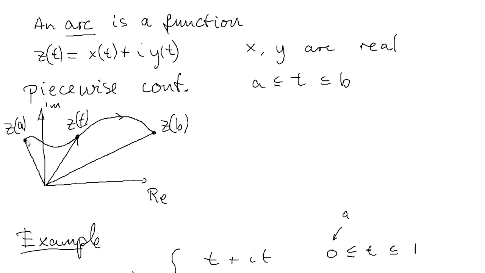And when t is increasing, we will move along this arc until t becomes equal to b. Here we are at the end of this curve. So what you see is that the curve has some direction, and the direction is in increasing t.